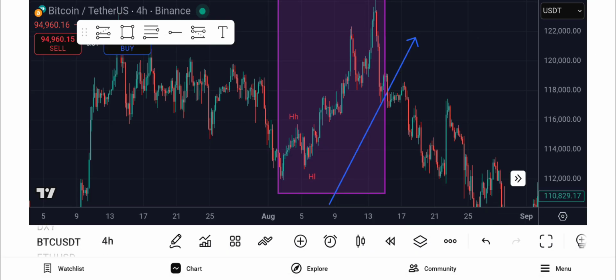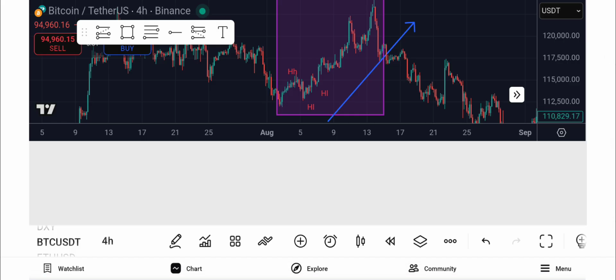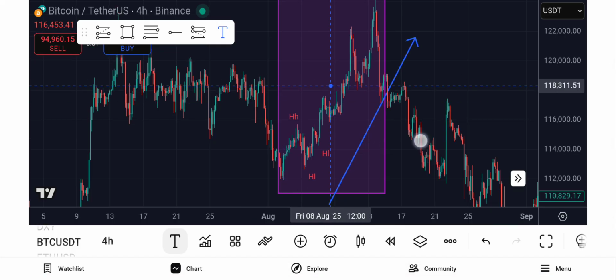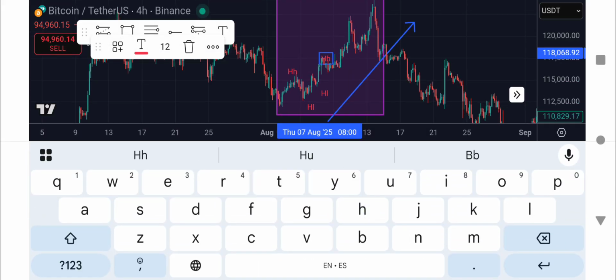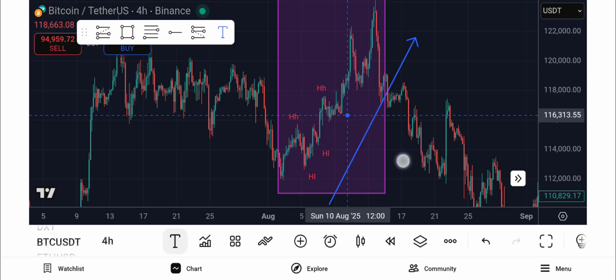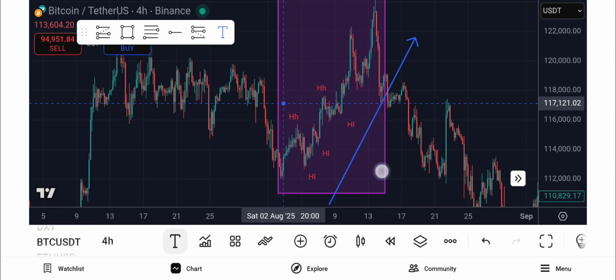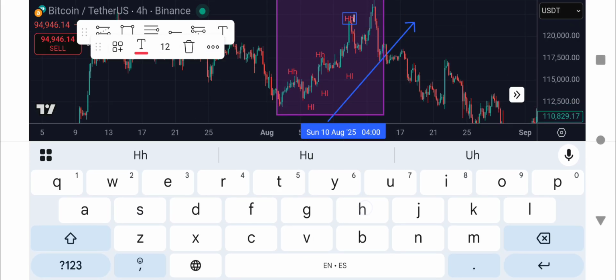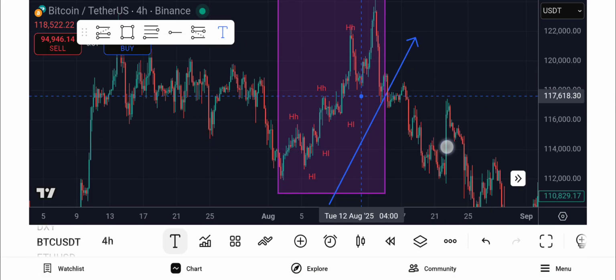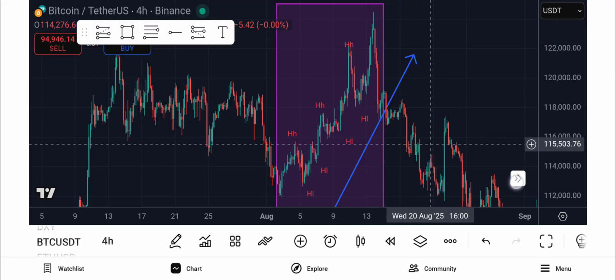That's a higher low. It's a higher low. Higher high. Higher low. Higher high. Higher low. And this is the high over here before it broke down and started going back downhill.